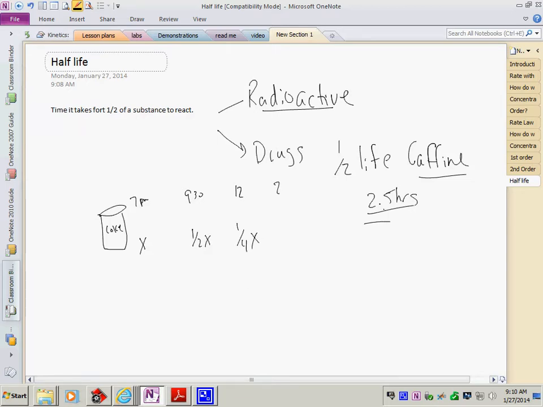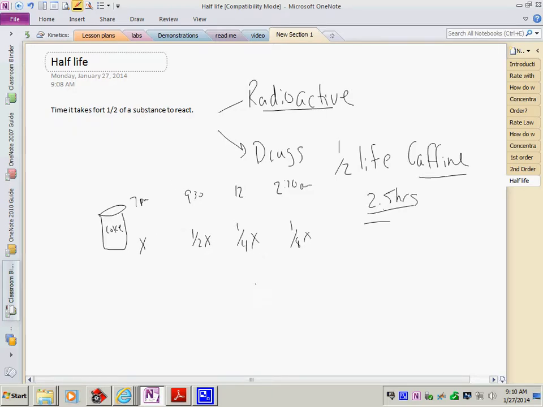At 2:30 a.m., you'll be at 1/8 X concentration of caffeine. So if you wanted to, you could hypothetically figure, okay, if I'm going to have caffeine, maybe I want to have it before 5 so that when I want to go to bed, the concentration has dropped off to this amount.